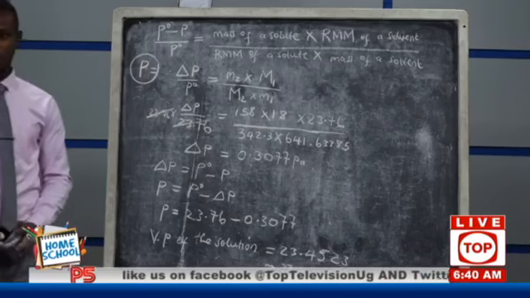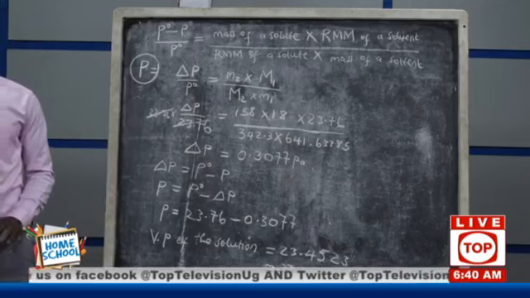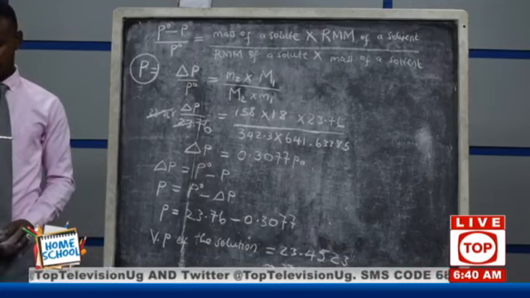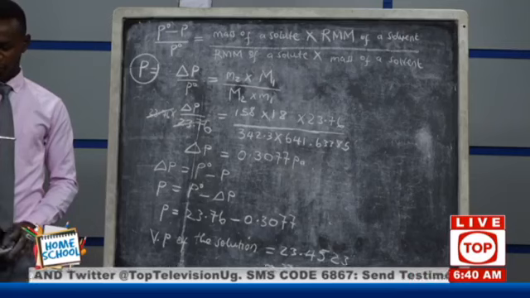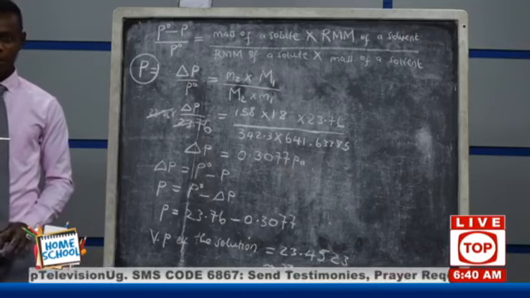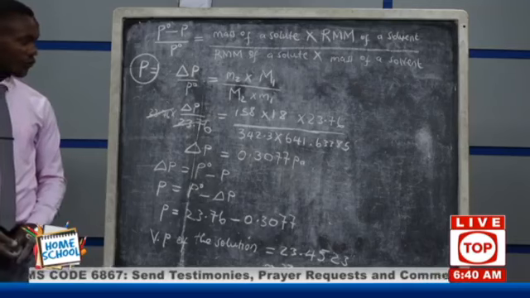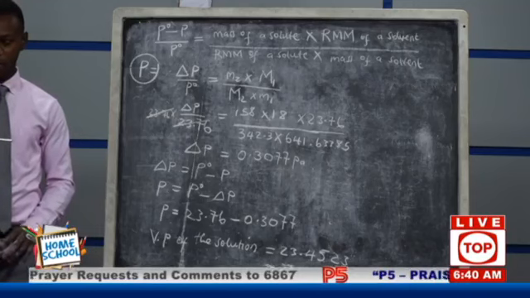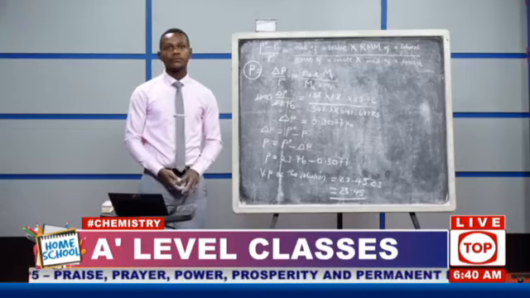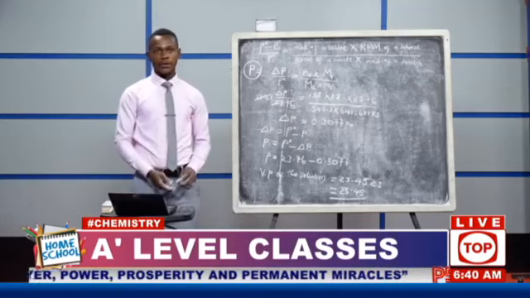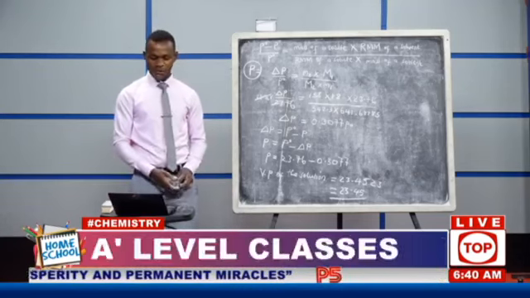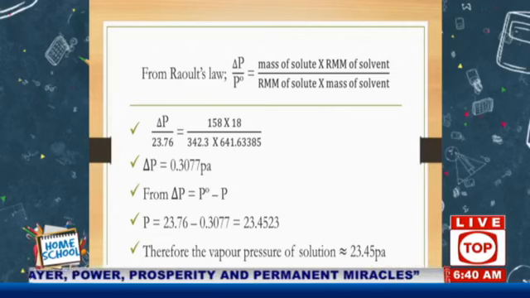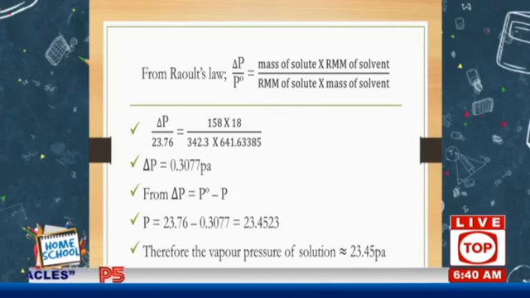Let us go to example 2 on our next slide. Example 2. We see it is requiring us to calculate the lowering in the vapor pressure. Okay? It is not going far. It is requiring us to calculate the lowering in vapor pressure at 290 Kelvin.